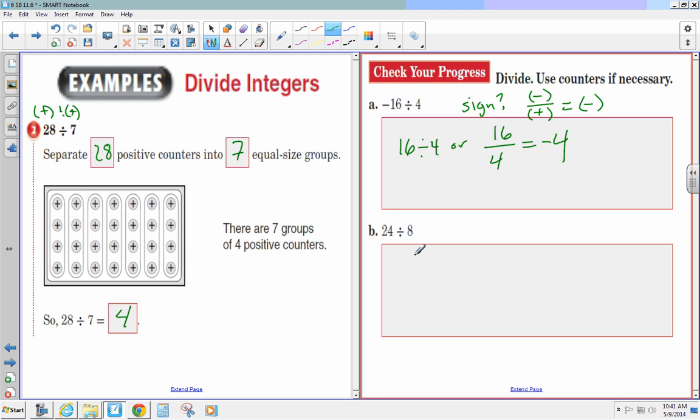24 divided by 8. This time I'll use counters. I actually drew this a little bit incorrectly. I should have had 8 lines here.